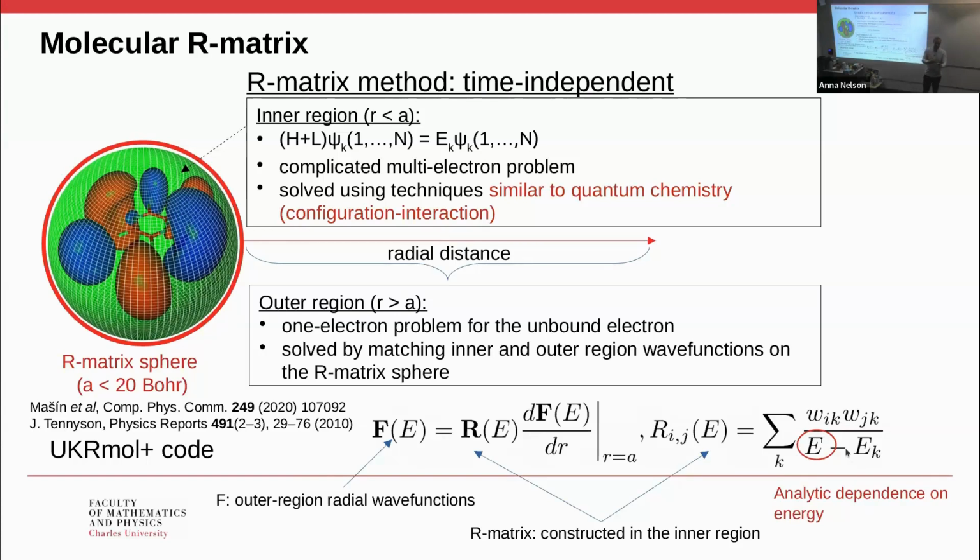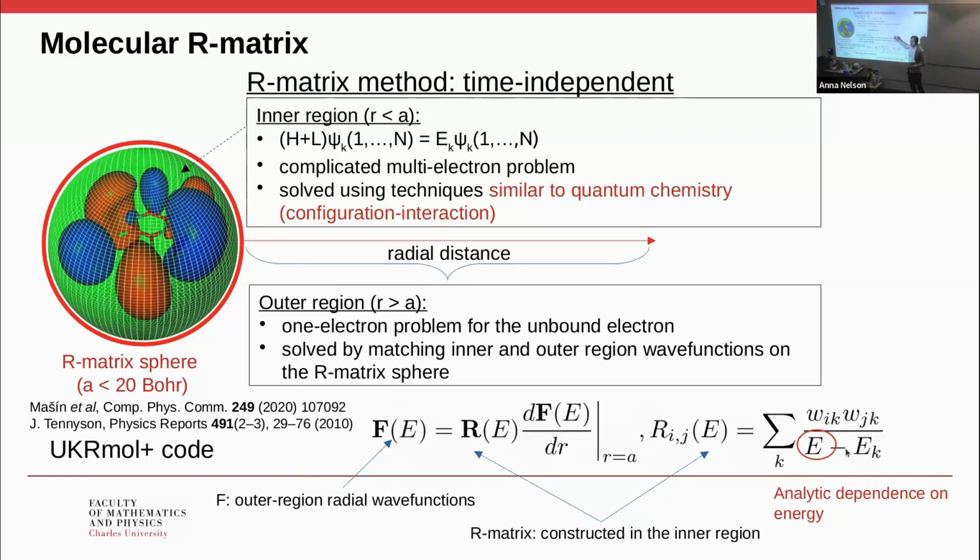When the electron gets very close to the molecule, it resolves all the electrons that are in the target. So then you have to take into account the electron-electron correlation, exchange interaction, and so forth. The R-matrix theory solves these two regions separately and then matches the solution on the so-called R-matrix sphere, which must be large enough to contain fully the charge density of the target molecule.